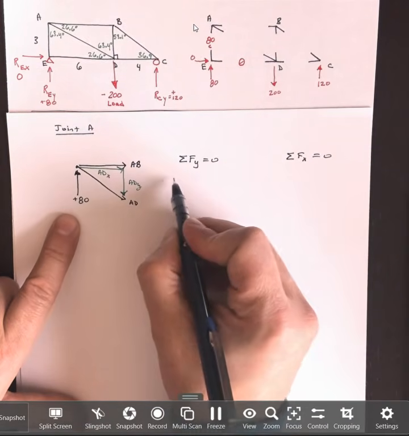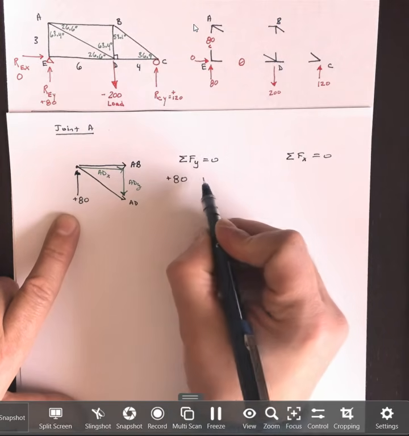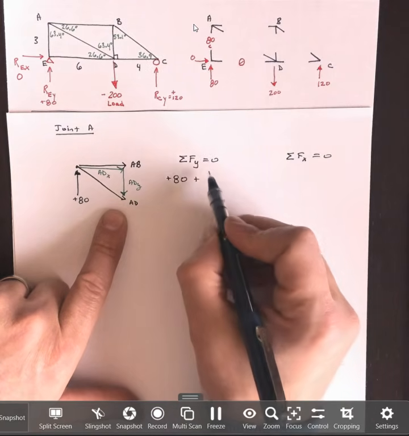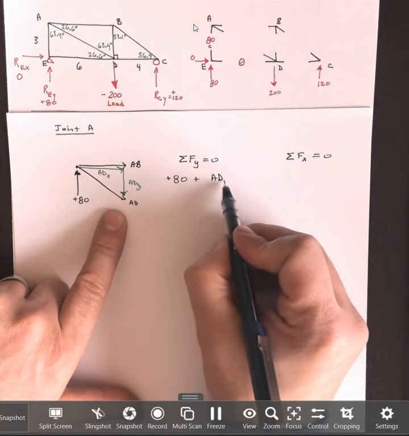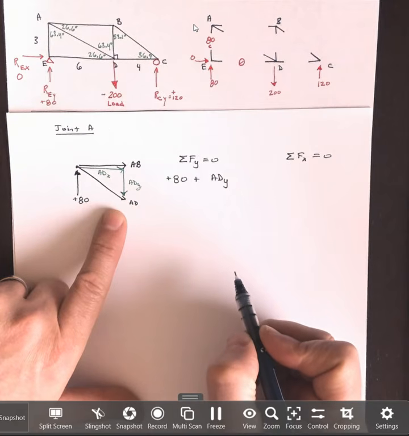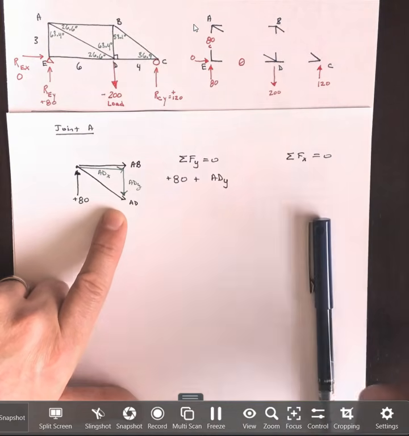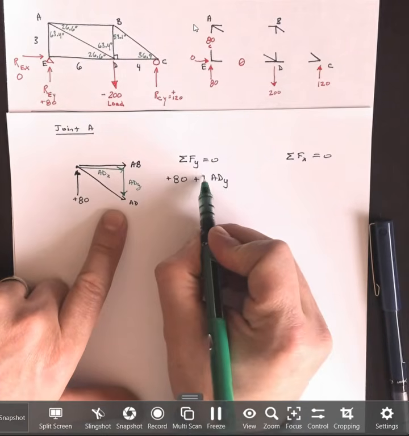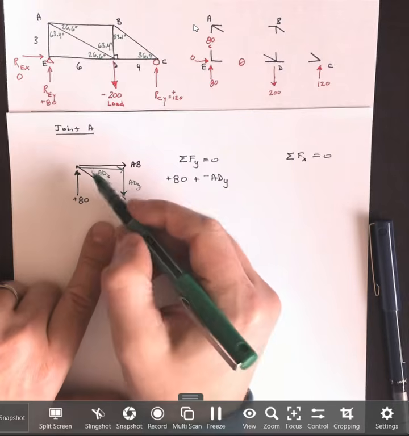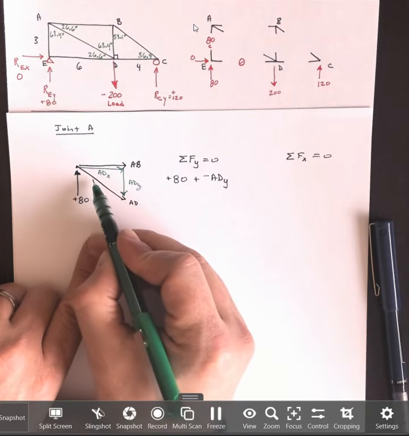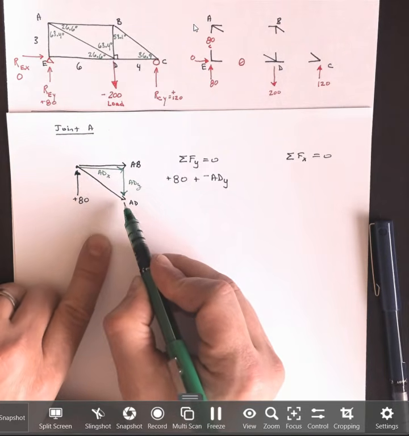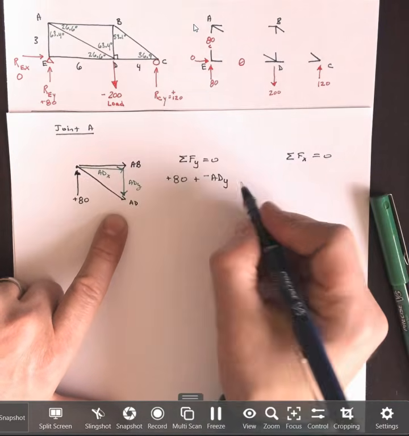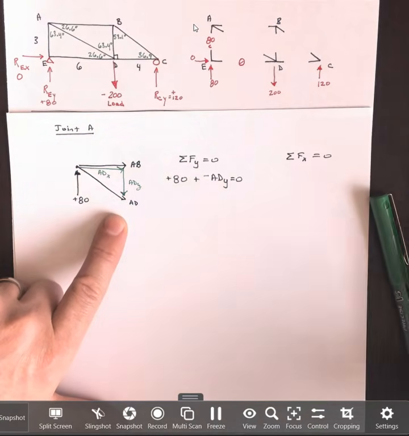Vertically I have the 80, which I know is positive, and I have the diagonal, which has AD sub Y, which I don't actually know if it's down, but I assume it is. I'm assuming that it's tension. If AD was in tension, it would be going in this direction, which is down and right. So down is a negative direction, and those will have to add up to equal 0.